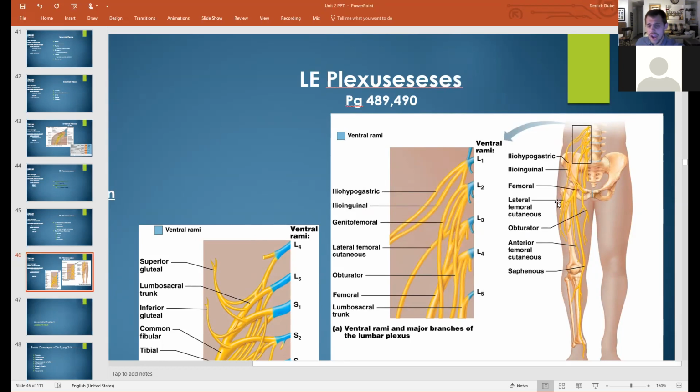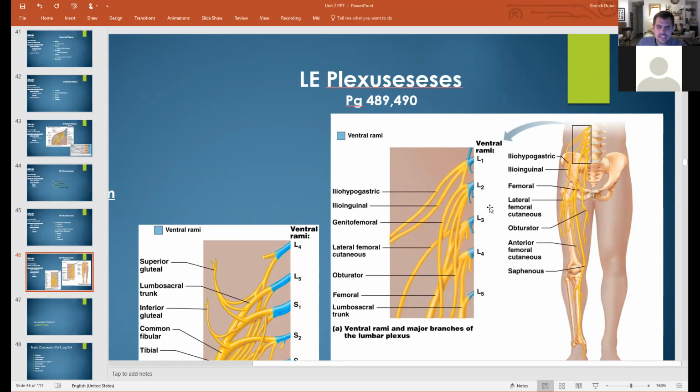Cutaneous is referring to the skin, so it's really superficial, with a lot of sensory nerves there. That can kind of help you. The femoral nerve and the lateral femoral cutaneous nerve are both on the anterior side of the femur.